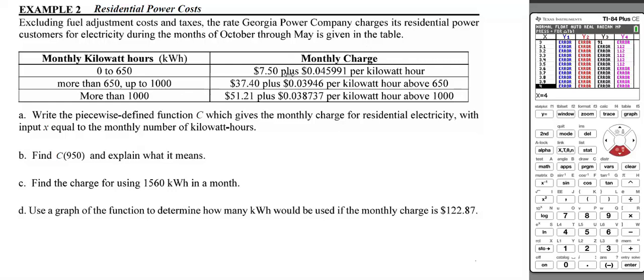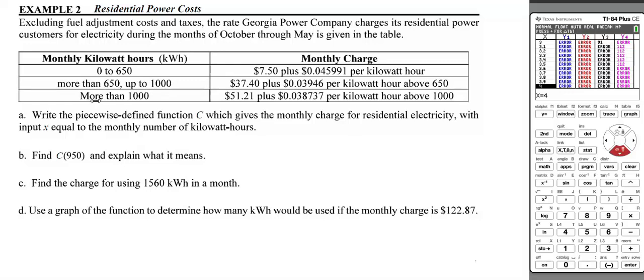You have a monthly charge of $7.50 plus $0.045991 per kilowatt hour. Right? More than 650, so apparently this row is 0 up to and including 650. This row starts off with more than 650 and up to 1,000.